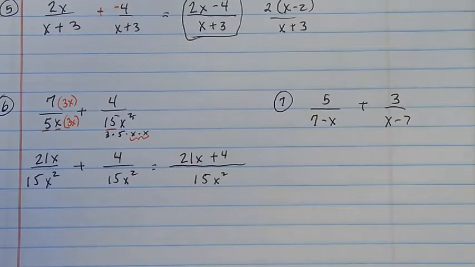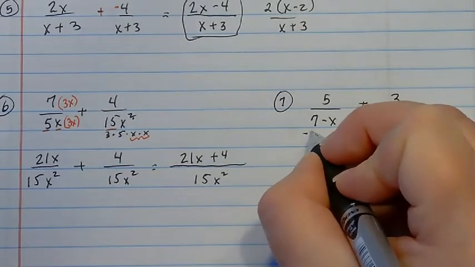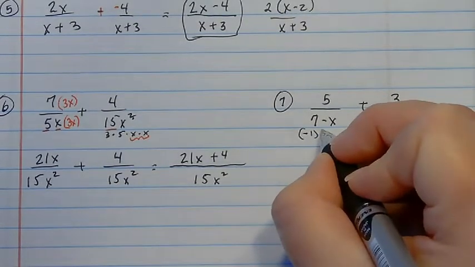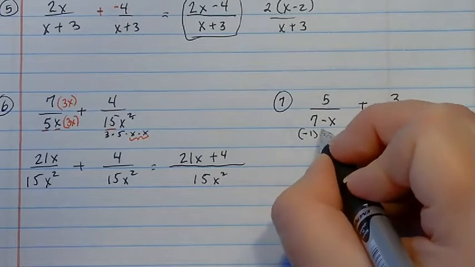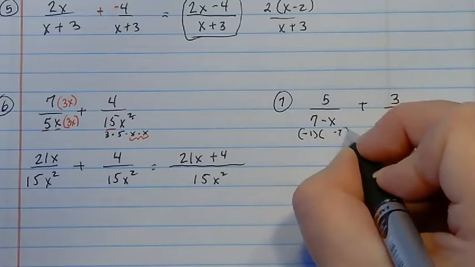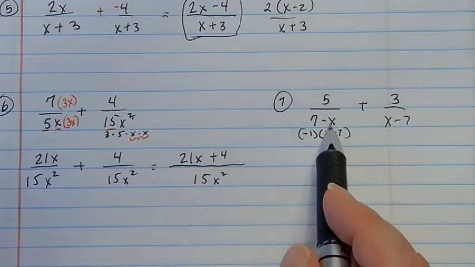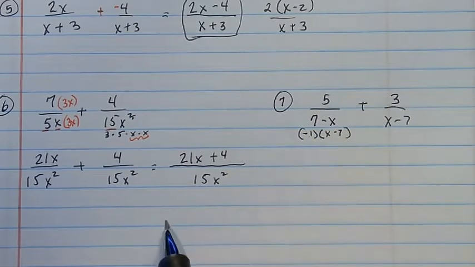So I could make those the same if I took one of them and multiplied it by a negative. So if I multiplied this one times a negative, or factored a negative out of it, I would end up with negative 7 and positive x, right? Negative times x is negative x. Negative times negative is positive.